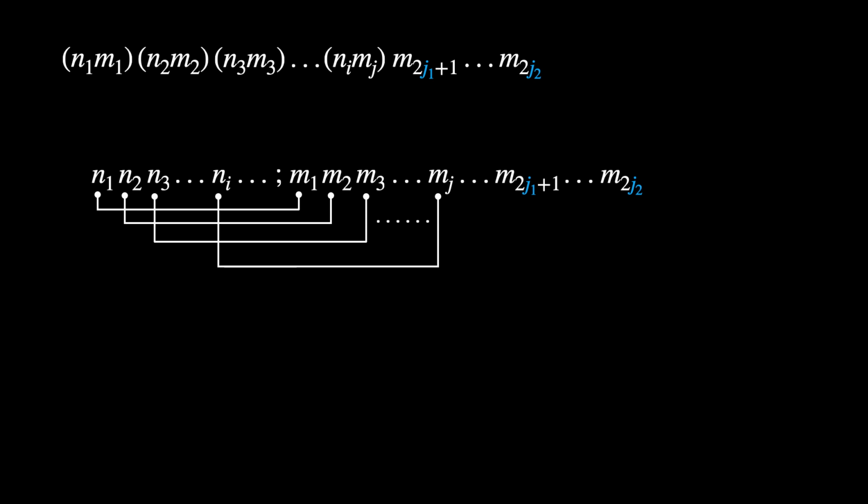Now let's begin our first example of switching indices. There are only two non-trivial cases. The first is exchanging a pair of indices that are on different sides of the semicolon but are not connected directly by a bridge. For example, n1 and m3. Using the symmetry between the indices on the same side, we can move m3 to the left, right next to the semicolon.